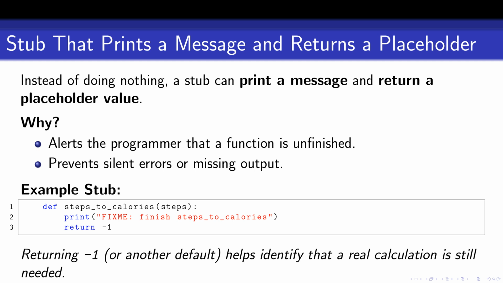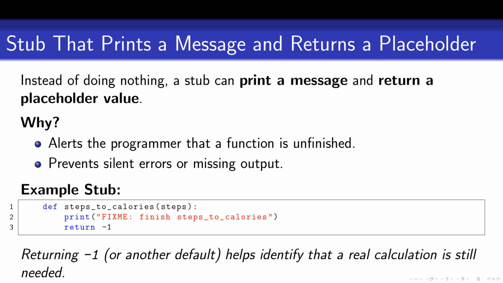Instead of using pass, you can make stubs more informative by printing a message and returning a placeholder value like -1. This is helpful when you want a visual reminder that a function hasn't been completed yet. For example, you might print "FIXME: finish steps to calories" and return -1 so the output clearly signals that something is missing.